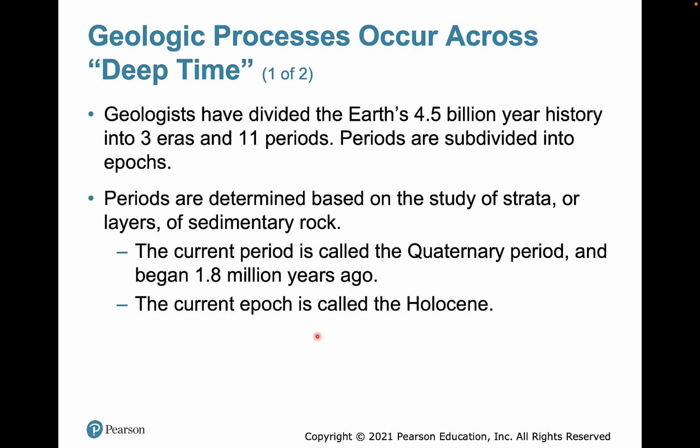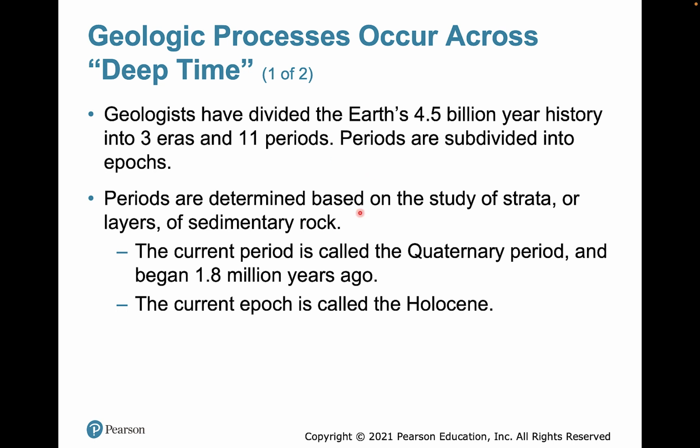So we may say, Yellowstone is overdue for a volcanic eruption by 600,000 years, and humans panic and they say, what, 600,000 years? Oh my gosh, that's so long. Yeah, no. It's not. When you think about the fact that the Earth has been around for 4.5 billion years, it's really not that long of a period of time, okay? So 4.5 billion years is divided into 3 eras and 11 periods, and then the periods are subdivided into epochs.